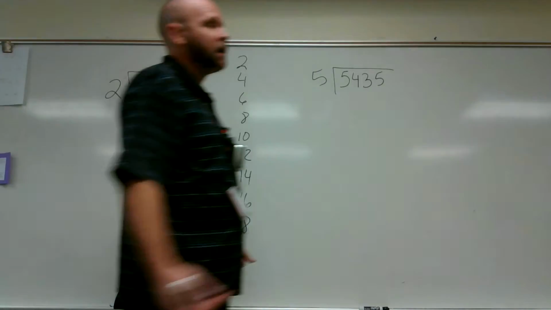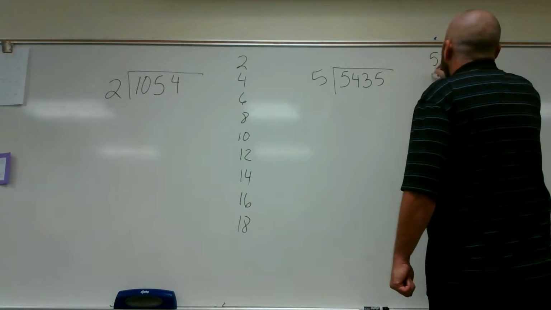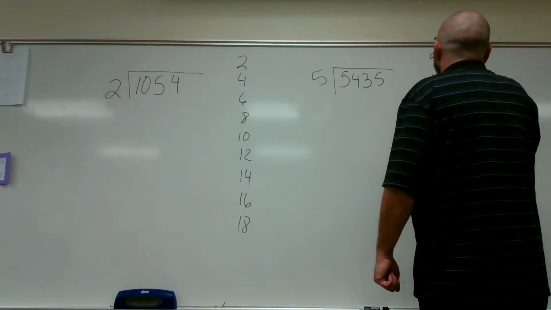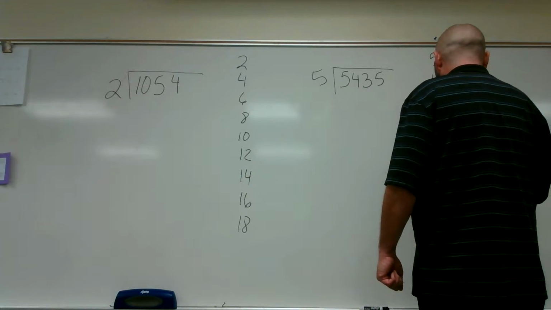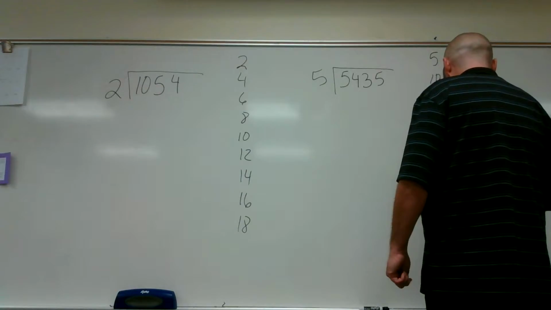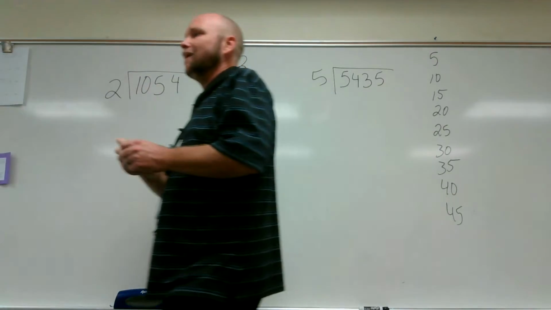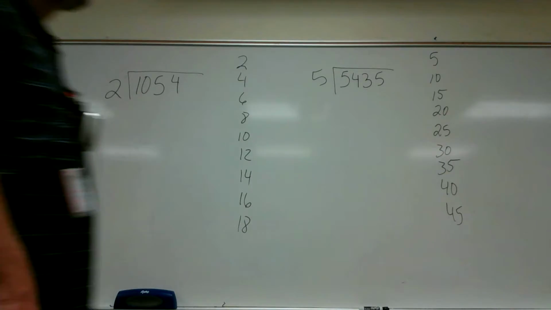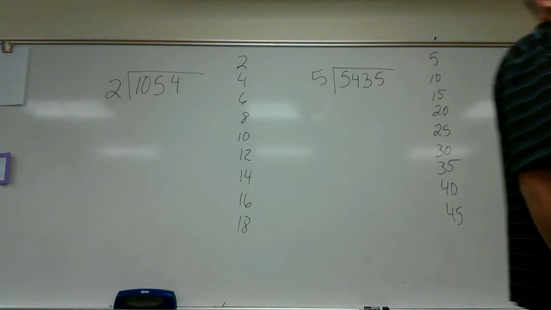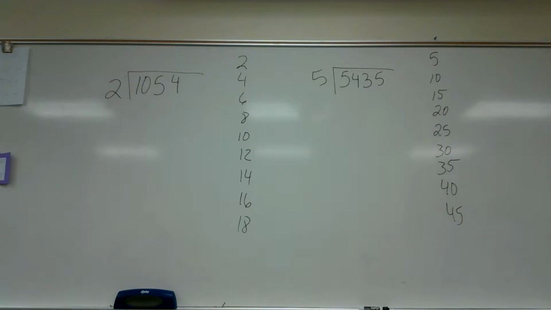Write your multiples of 5: 5, 10, 15, 20, 25, 30, 35, 40, 45. You only have to go to 9. When you're writing your multiples, you only have to go to 9. That's it. Just multiples to 9. Oscar? So do you have to multiply each one of these? No.